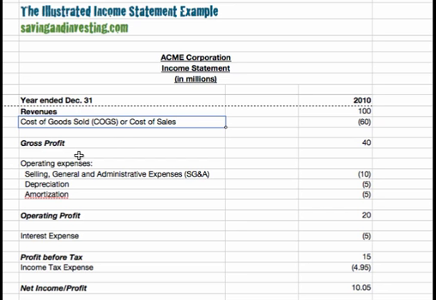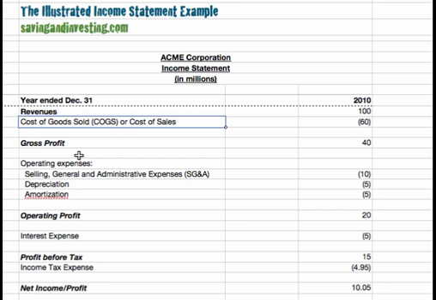So if a company sells 1 million tires, each for $100, then the cost directly attributed to those tires in this example would be $60 per tire. In other words, $60 million overall for the total company. And that would be the cost of goods sold. From that we can calculate a gross profit, and we'll come back to some of these profits in a further video and discuss some of the margin analysis that we can do.